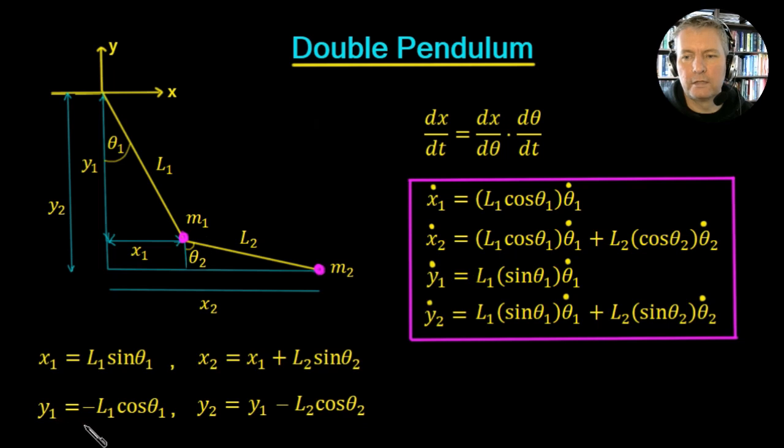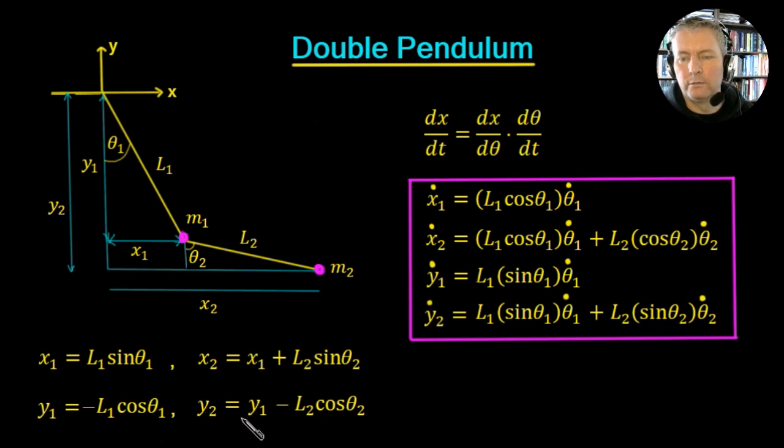Now we've got to do the same for our y1 and y2. So when we differentiate cos, we get minus sine, the minuses cancel out, and we're just left with L1 sine θ1, and we've got the rest of the chain rule, which is going to be our θ1 dot. And again, y2 is equal to y1, and we've got to add on the second part of it.